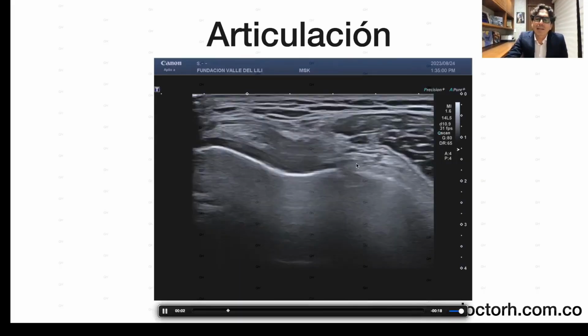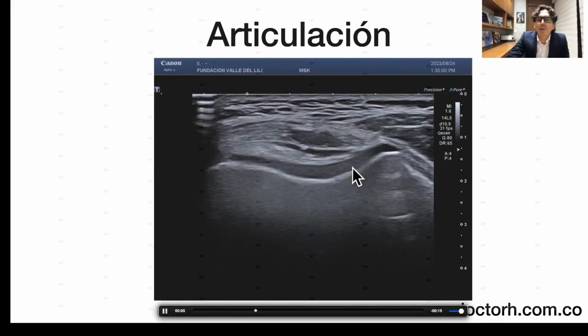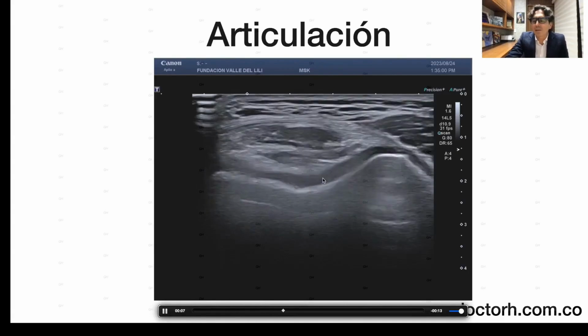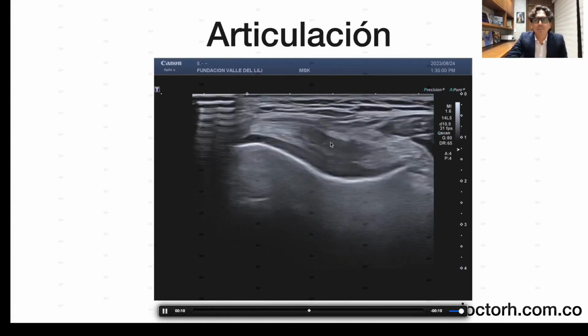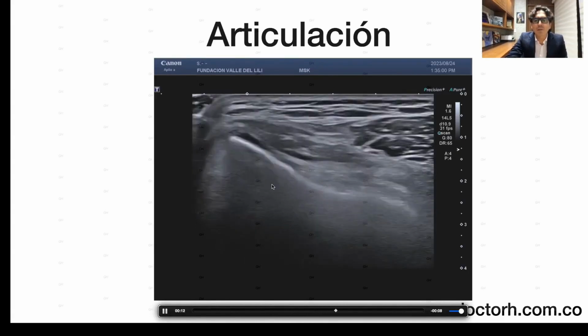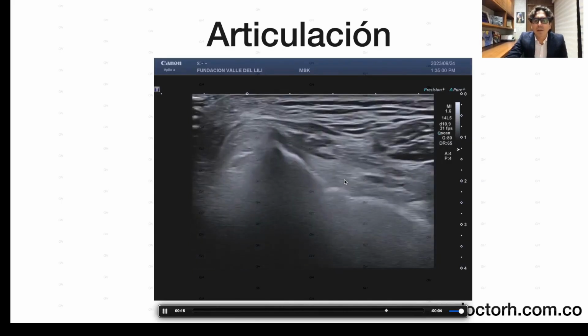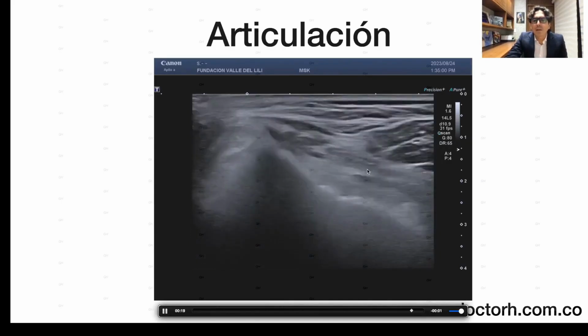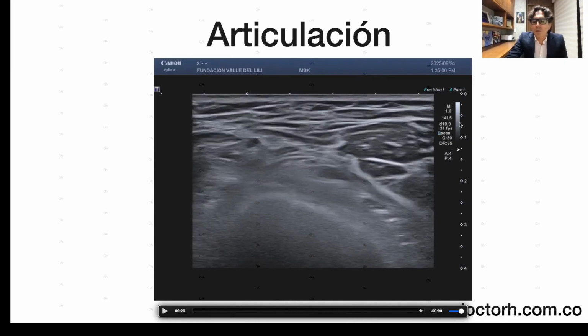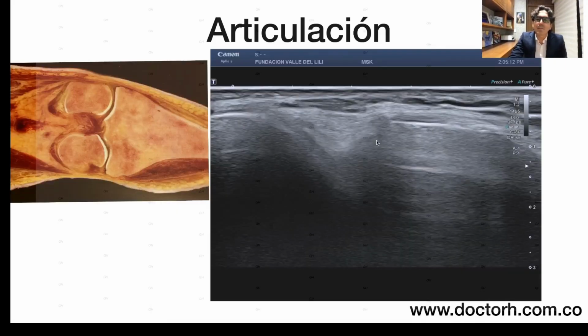There are even classifications to identify certain cartilage injuries in some anatomical segments. So, this is a trochlea with a very hyperechoic, well-defined bony image, alternating with a layer of fluid above it, which corresponds to the cartilage.